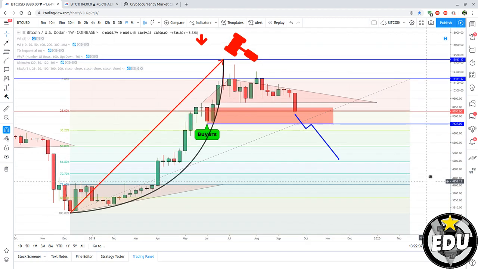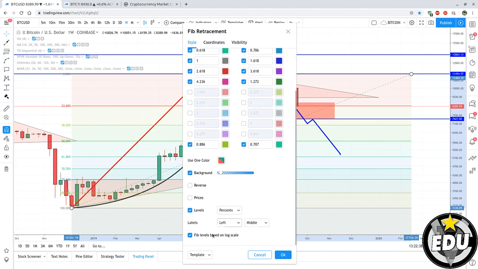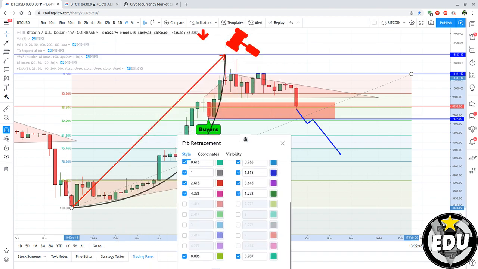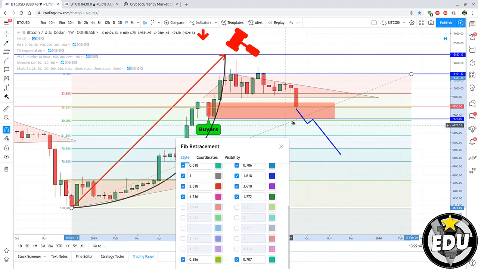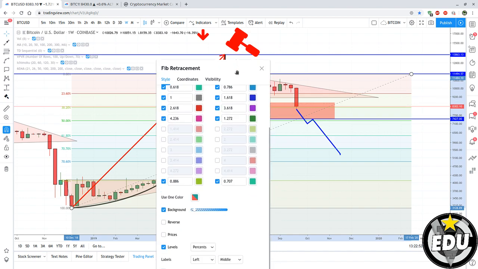Anyways, something that just helps. Remember, this is on log scale, so I use Fibonacci based on logarithmic, so you can check your Fibonacci levels based on log scale, because if I wouldn't do that, I would just have a linear Fibonacci, which is good when you chart on linear. I like logarithmic scale, so we'll just use that.